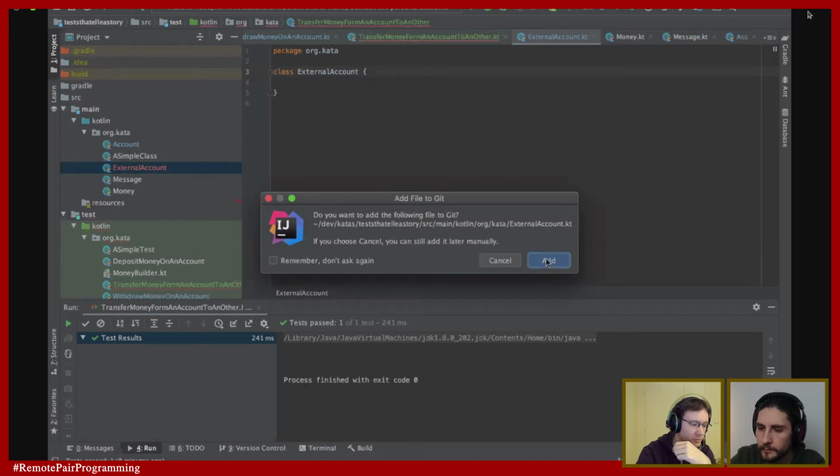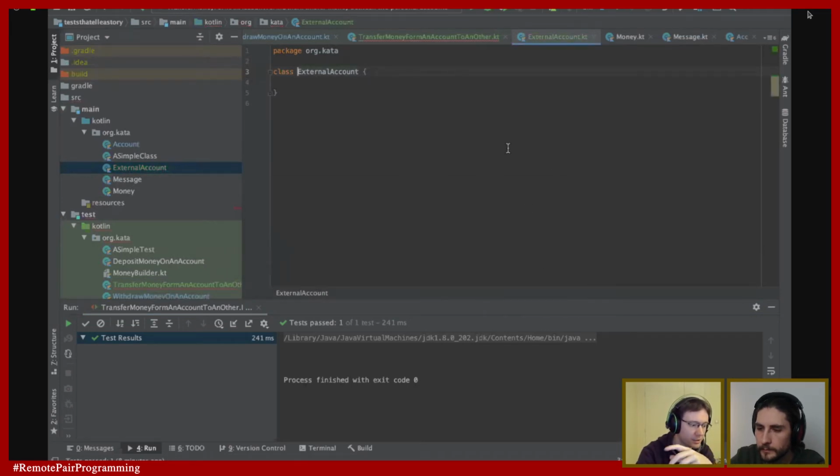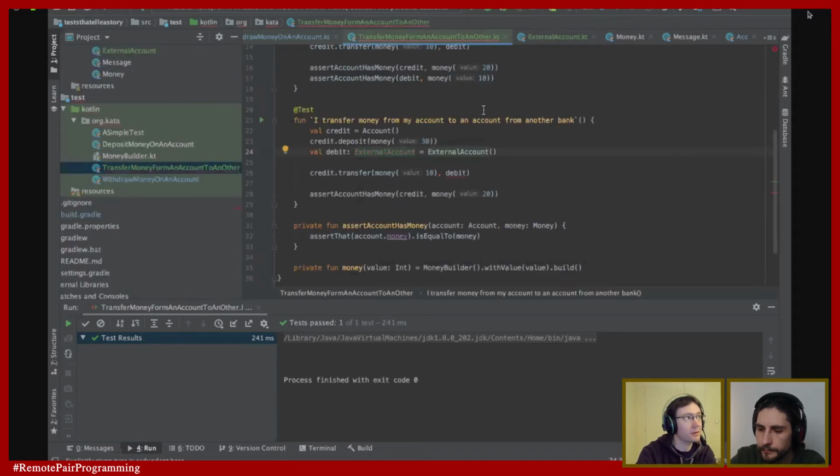I would say it is too soon to create an interface because I don't know exactly where we are heading. I have seen cases where it was not necessary to create an interface. It was okay to just have a simple class. Okay.